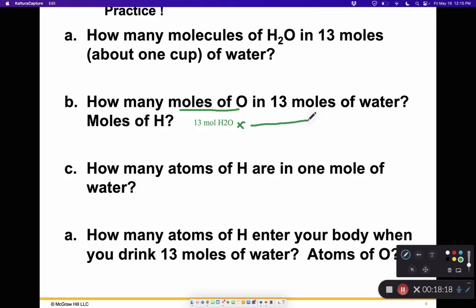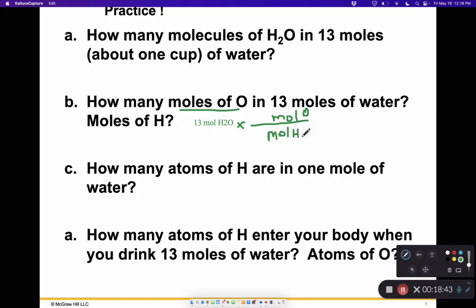So I have to have mole of oxygen on the top, because that is what I need. And I need to get rid of this mole of water, so I will write mole of water on the bottom.